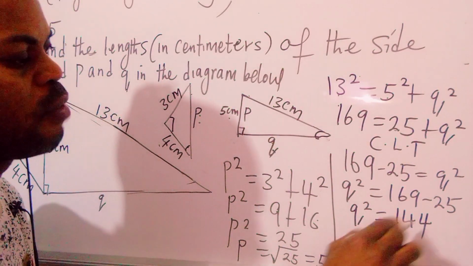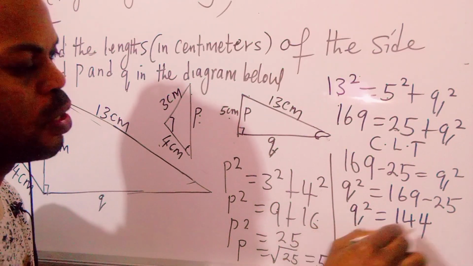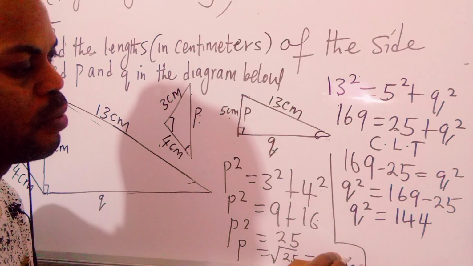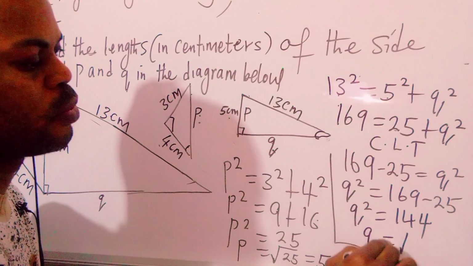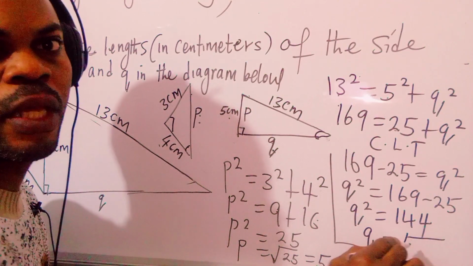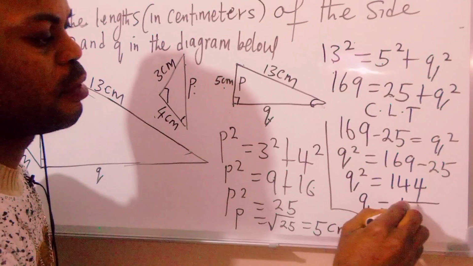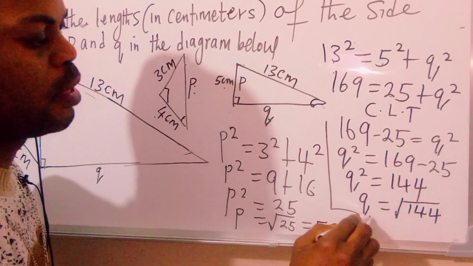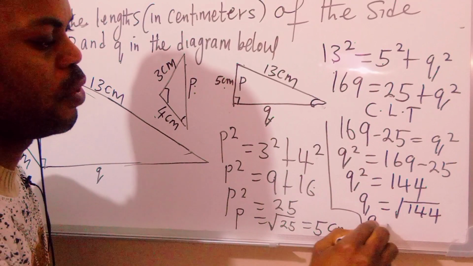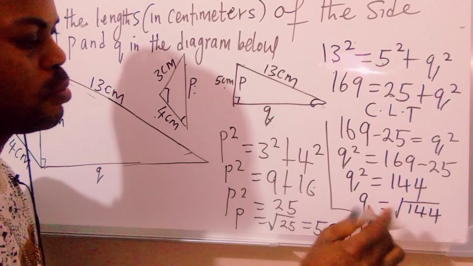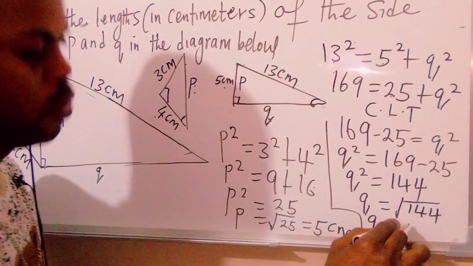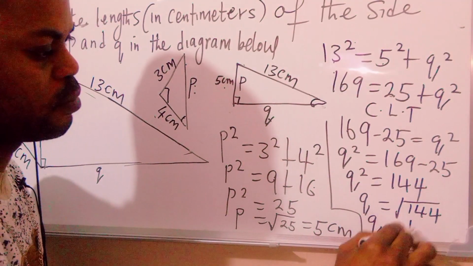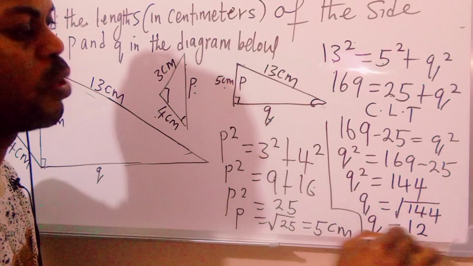Taking the square root of 144, Q implies the square root of 144. And if you take the square root of 144, you are going to have Q equal to 12. The square root of 144 will give you 12.